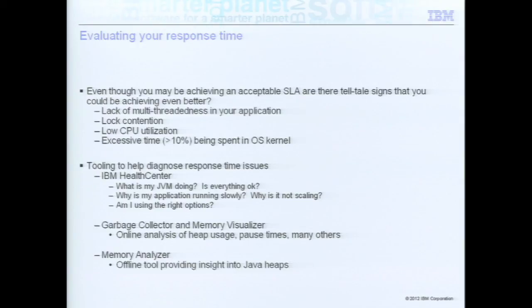You can find out, for example, if you have an excessive object allocation problem. You look at your pause times, find out when they occur and what else was going on at that time. And then, of course, there are some offline tools that you can use to dump the contents of your heap at a certain time and then paw through it to your heart's content and find out what's going on there.